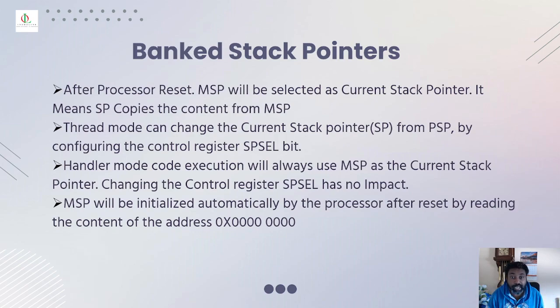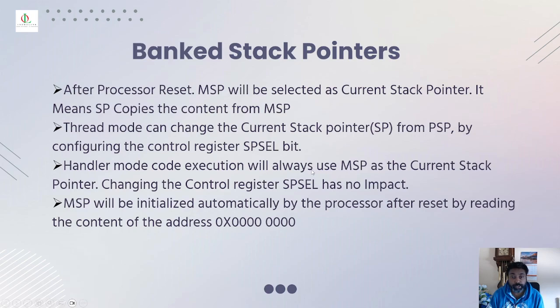Then in thread mode you can change the stack pointer to PSP. If you want to use the process stack pointer, there is a control register bit called SP select. You need to set that bit to 0 to access MSP, and if you set this bit to 1, then your stack pointer will get its value from the PSP.